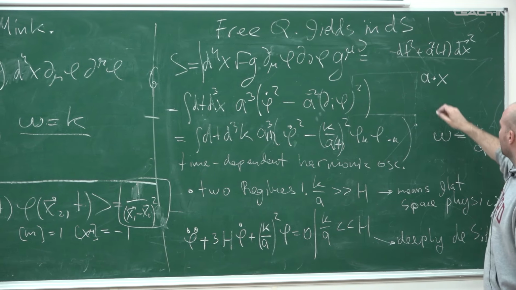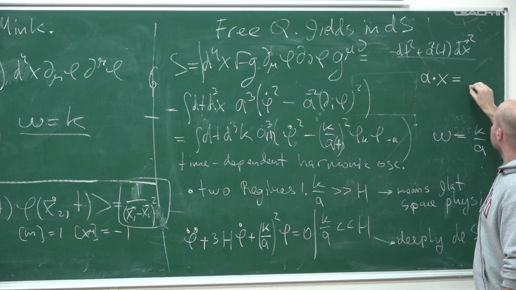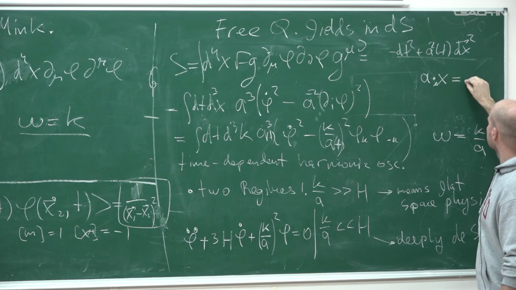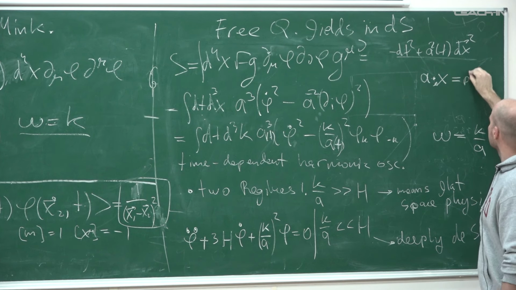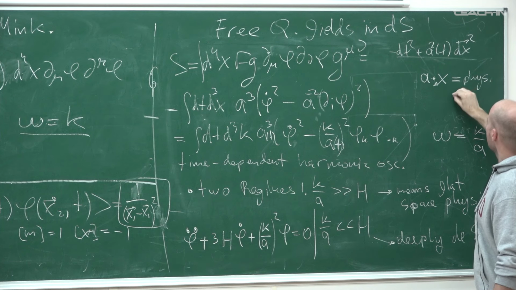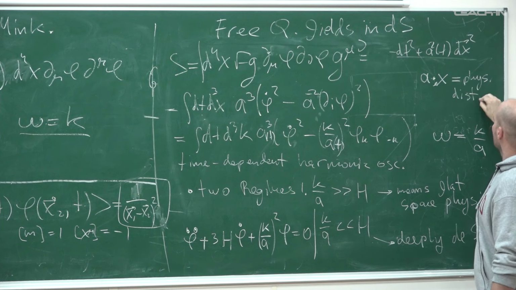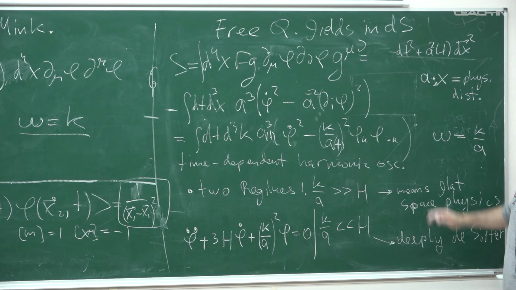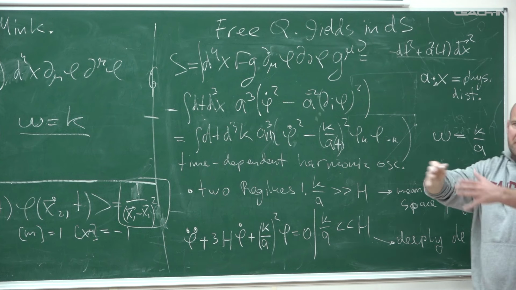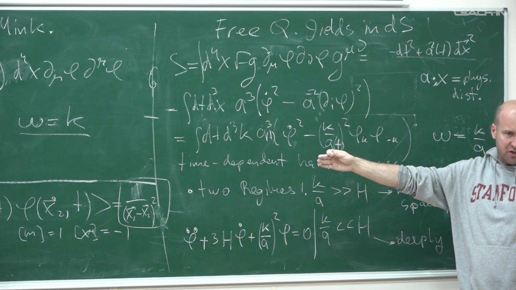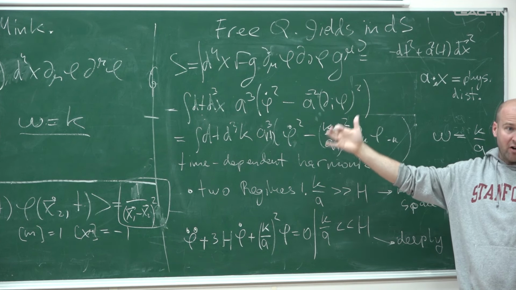So a times delta x is a geodesic or physical distance. So it's when the physical distance is of the size of the curvature, right? That's when the mode is sensitive to the horizon.